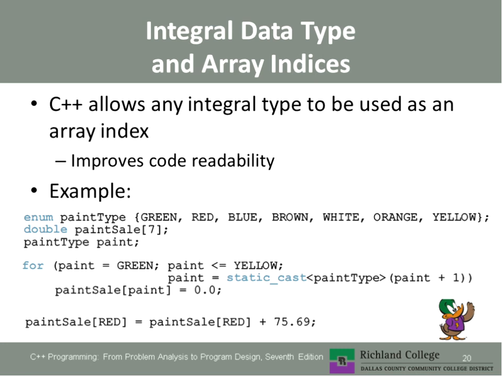So we would put things in the array, and we would say 0, 1, 2, 3, 4, 5, and 6. It might not mean anything to the reader who reads our code.